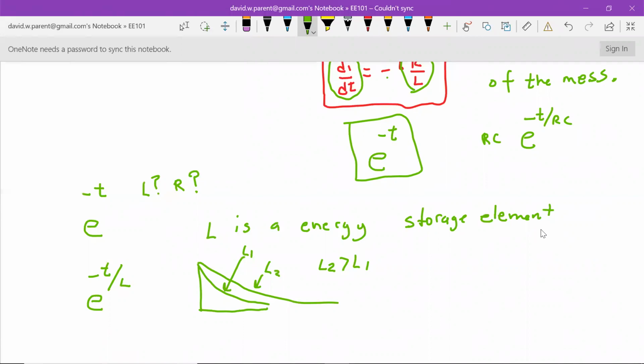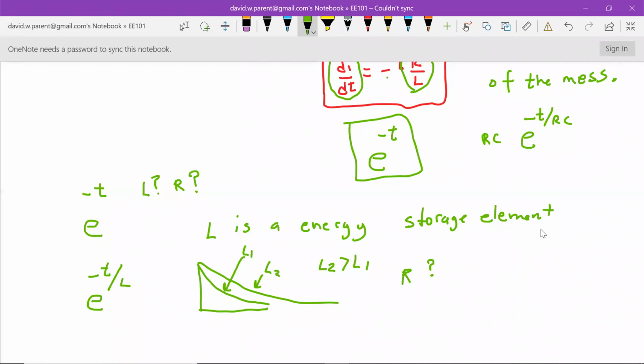Now then, what about R? In the RC circuit, I think that was fairly easy to conceptualize: you're filling a bucket, and the thinner the hose, the higher the resistance and the longer it took.